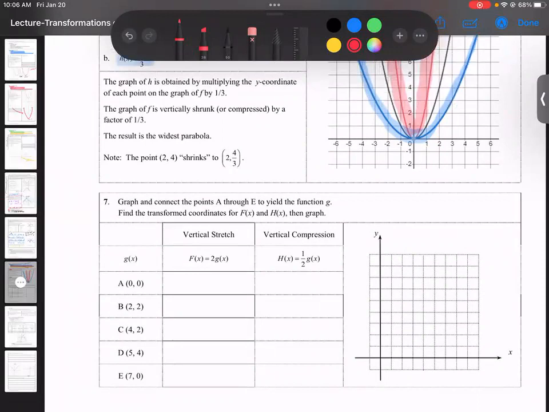I use green, but I'm going to use red. So 0, 0, since 2 times 0 is 0. For B, x stays the same, 2 times 2 is 4. I just double the y value. So C will be 4, 4. D will be 5, 8. And E will be 7, 0.